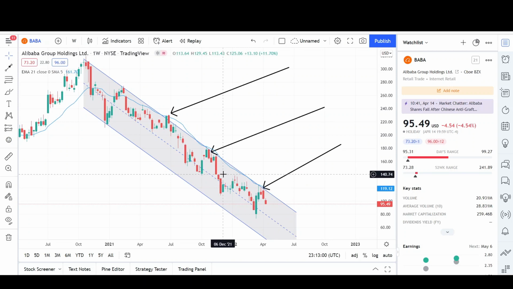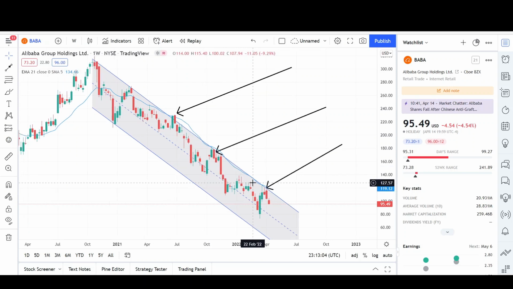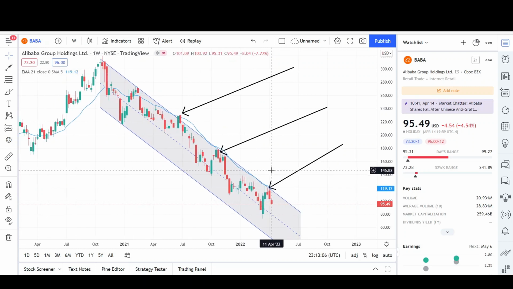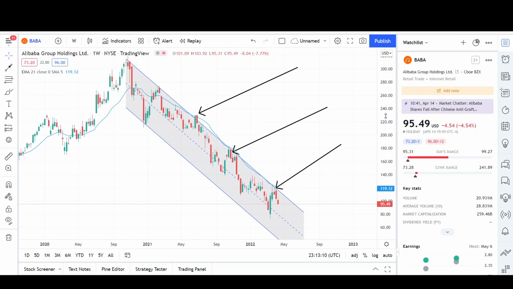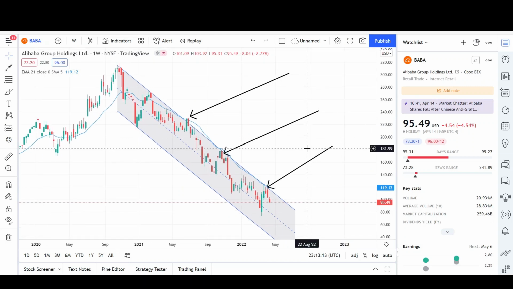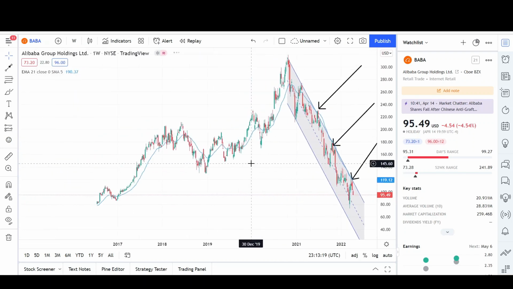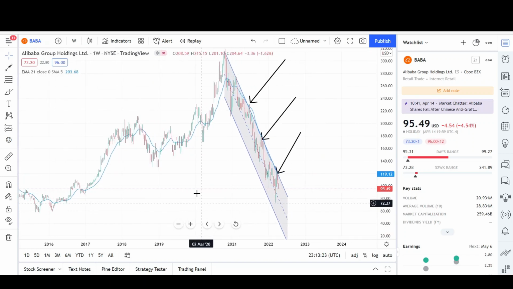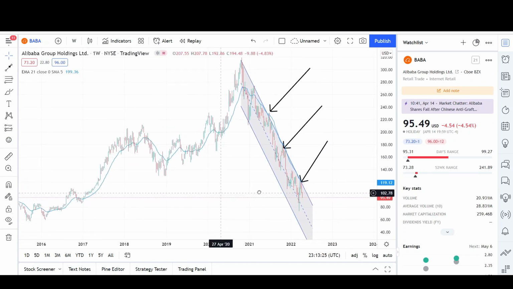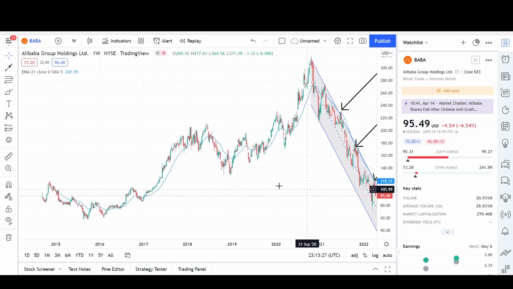As long as we're still inside of this gray channel, you've got to be a bear. There's nothing bullish on this chart right now. Eventually, with Baba, I'm doubtful that Alibaba will be worth nothing. I'm pretty sure this is just a downtrend where they want to come back down to these prior lows, and then from there I think they really want to squeeze out pretty much everybody who's holding this stock.